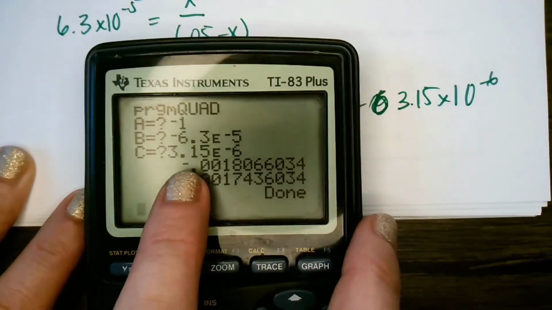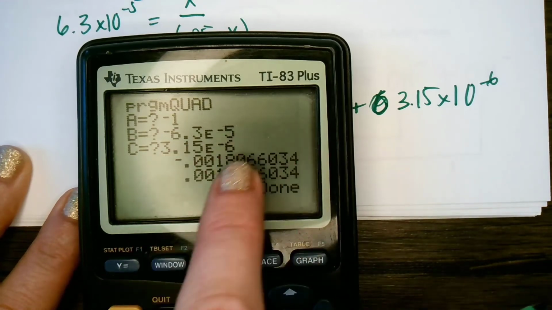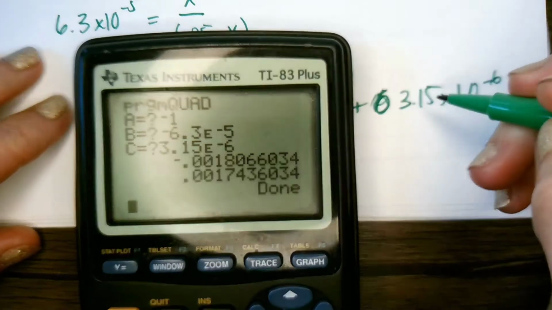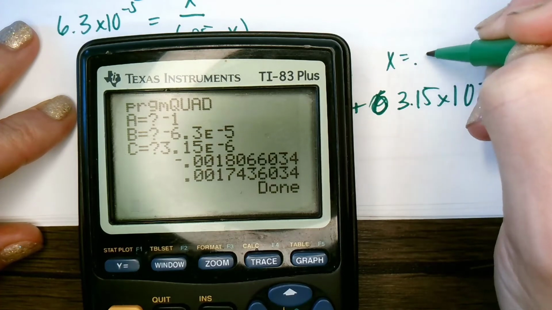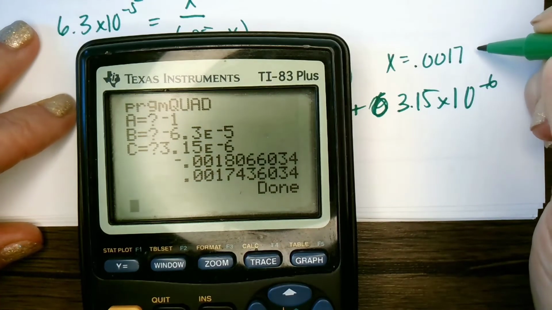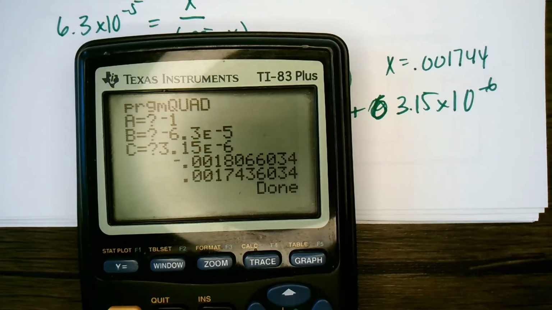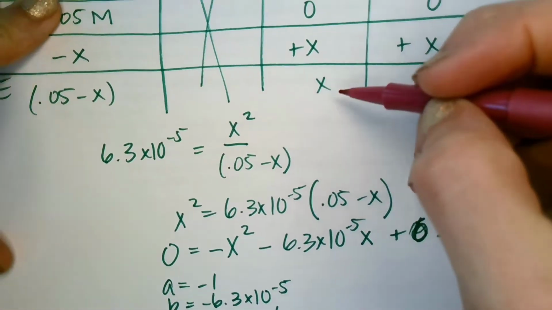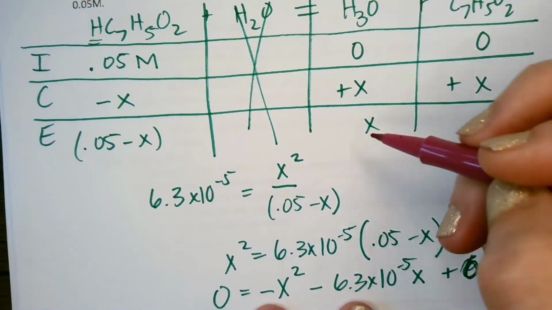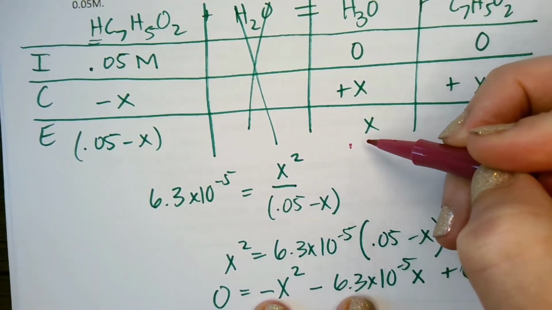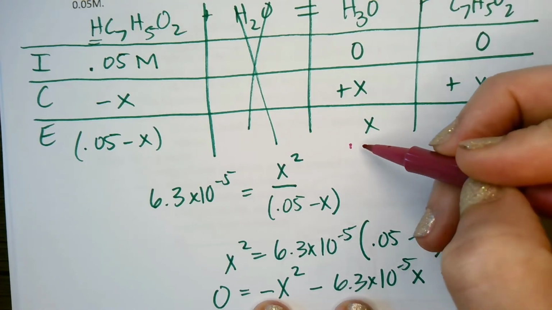So here I wrote down our A, B, and C. When we plug this in, we get two different numbers, and obviously we can't have a negative concentration. So our X is going to be equal to 0.001744, which we know is our concentration for our H3O+.